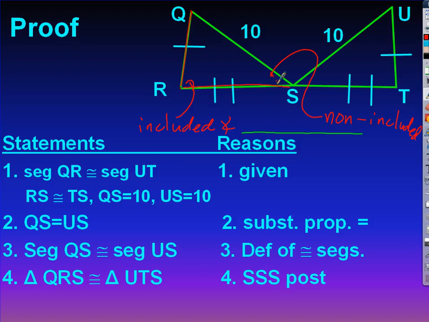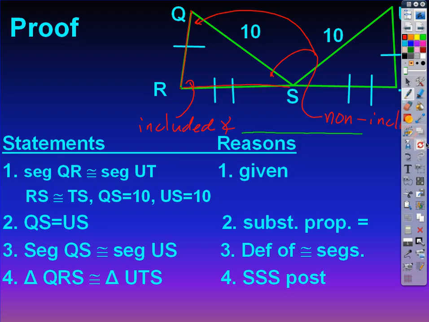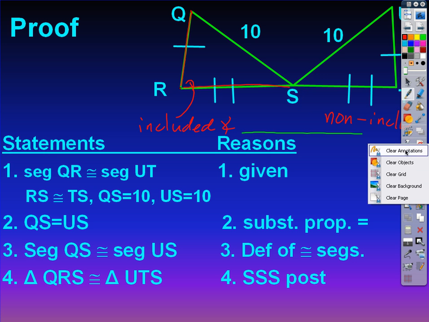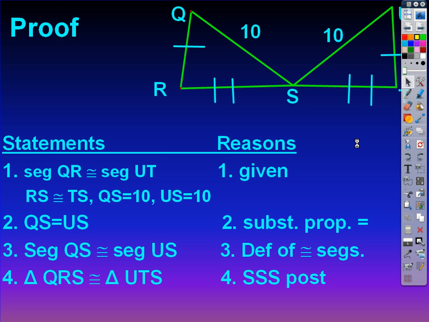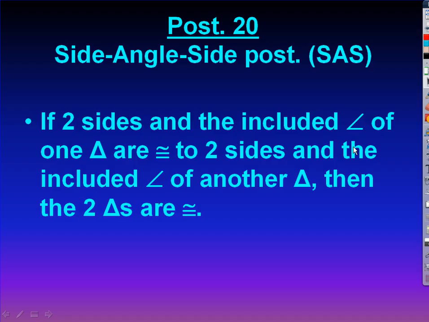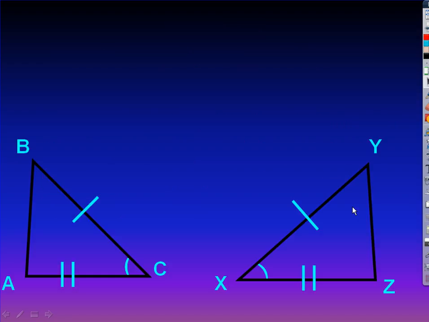Because it's not between the two sides. And so would that. Make sense? The included angle is the angle that's formed by the two sides, between the two sides. Okay?